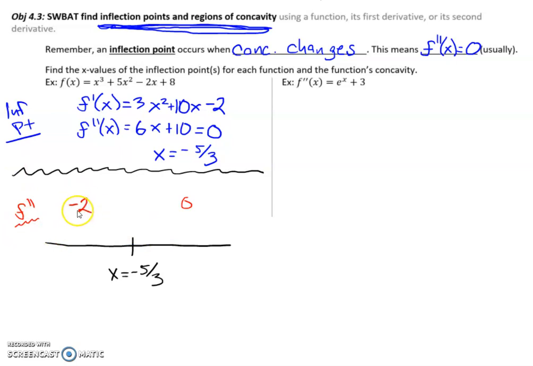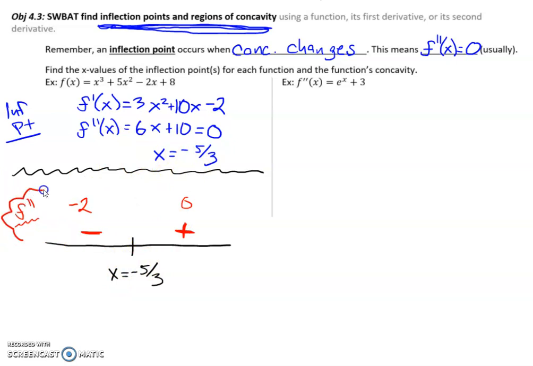If you plug negative 2 into this expression, 6x plus 10, that comes out to a negative number. So that means that to the left of negative 5/3, this graph is concave down. When you plug in 0 into 6x plus 10, it comes out to a positive number, which means to the right it's concave up, which means this is indeed an inflection point. You probably could have guessed that anyway. It was the only option, but this verifies it.